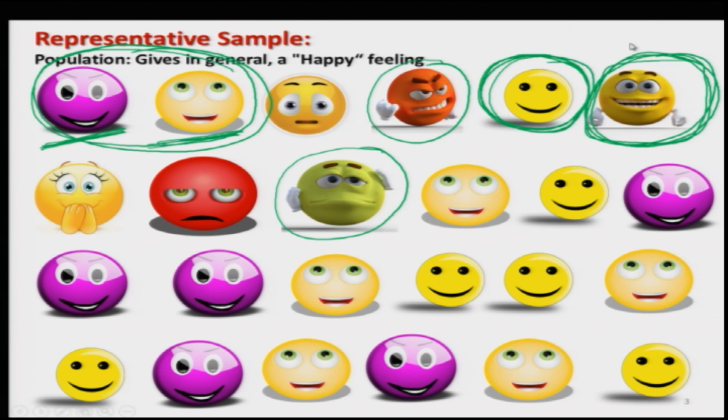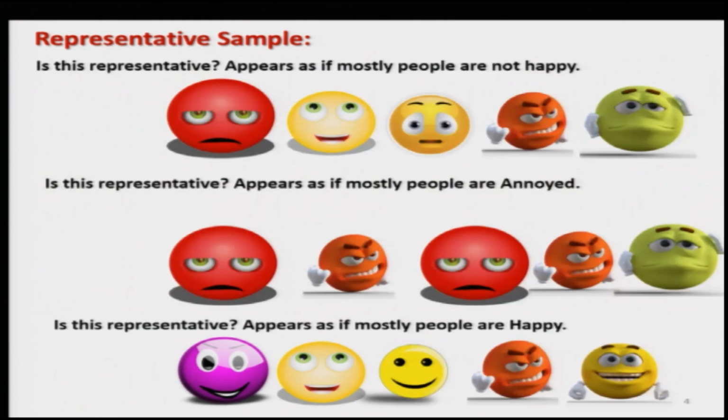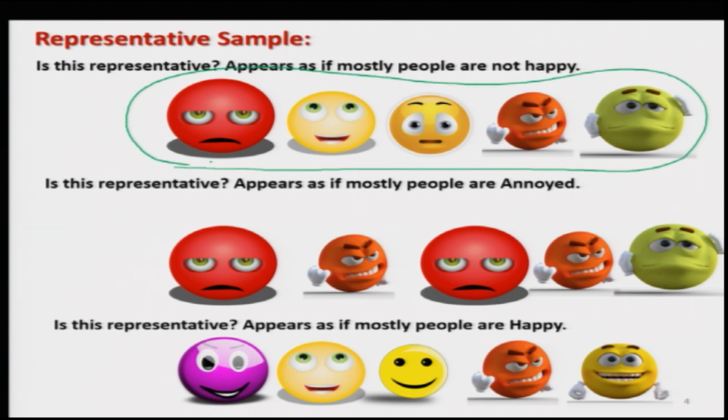Now, you can see that I am trying to classify them into different groups. For example, if you classify all these 5 types of smileys in one group, they are indicating as if the people are not very happy, right.